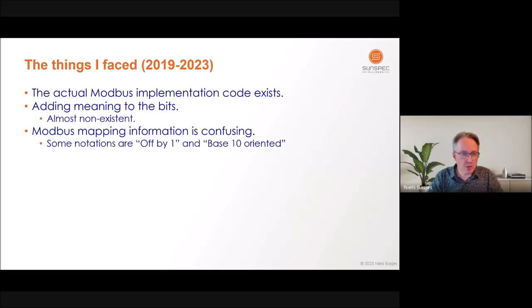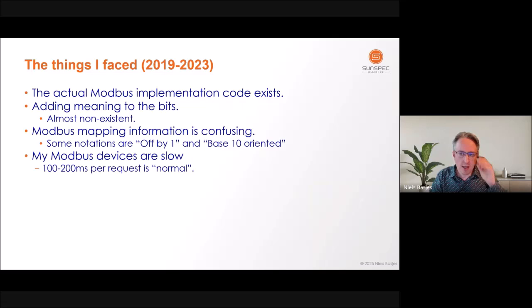Something else I noticed is that the Modbus devices I have are relatively slow. A single request takes a couple of 100 milliseconds, and that is normal. So one of the things I realized is that if you do a query for a single field, or you do 2 queries for 2 fields, or you combine them, that really makes a difference in how much time you have to wait.